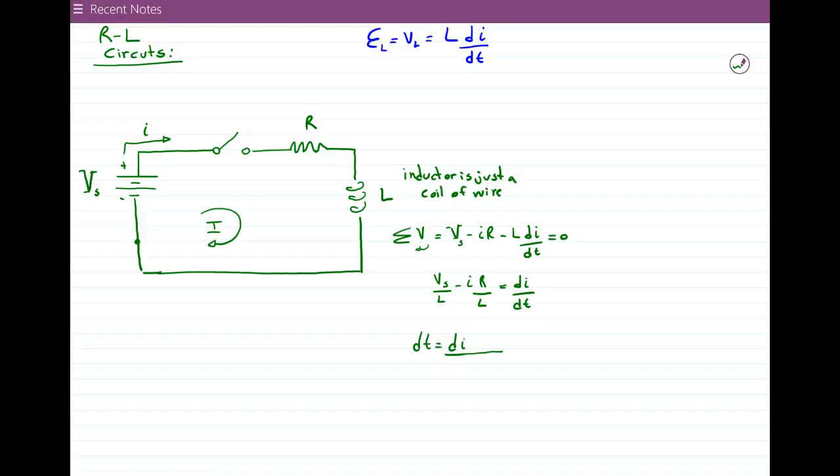Okay. Now what am I going to do? Integrate.